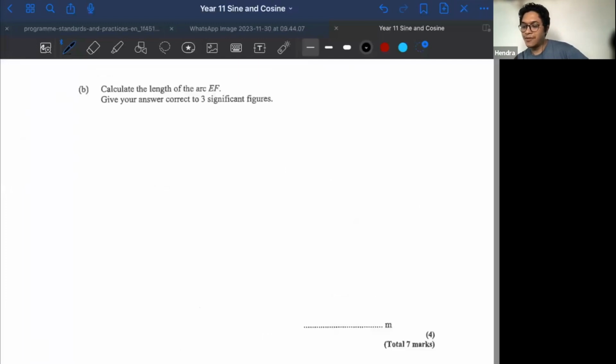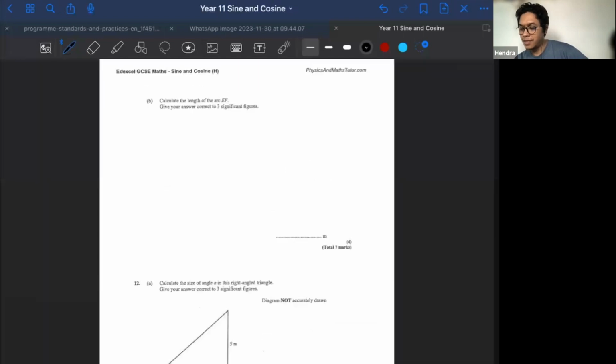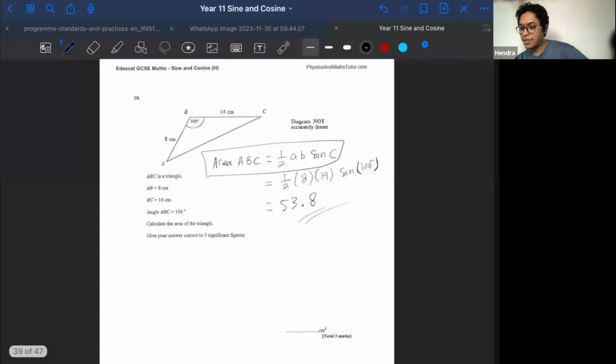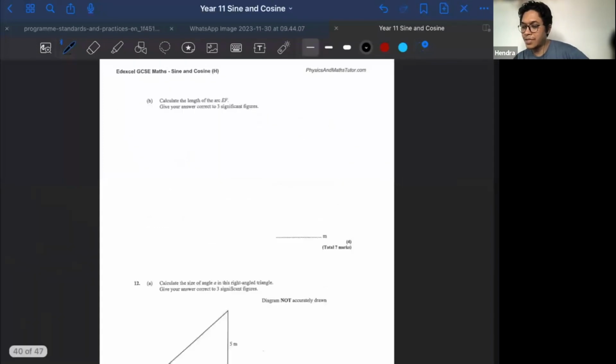Calculate the length of the arc EF. Is it still related to this? I don't think so. I think you're missing something here. You should have a circle somewhere for this.